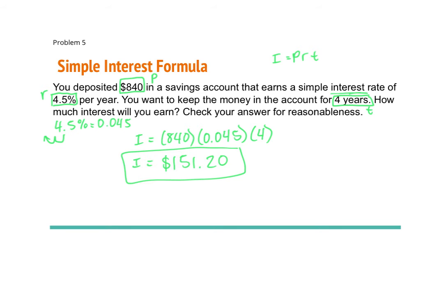Okay? Check for reasonableness. When you're checking for reasonableness, remember, interest is not going to be that great of a value. So for $840 in 4 years to make $151 on it, that's not that significant. It shouldn't be. Interest is not designed to make you that much money.